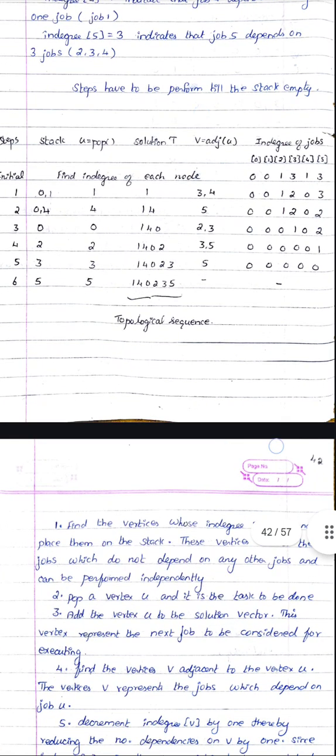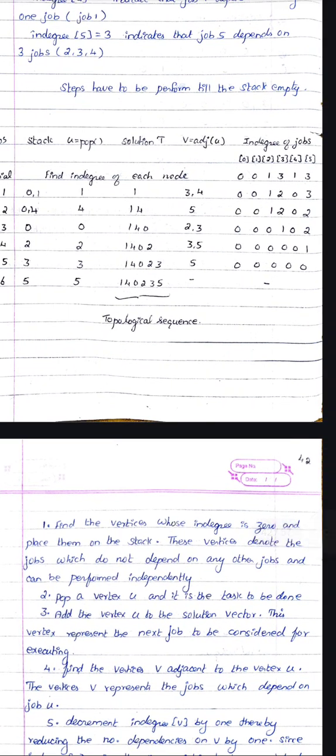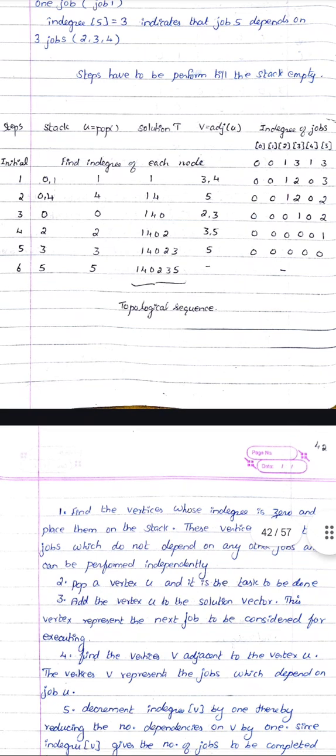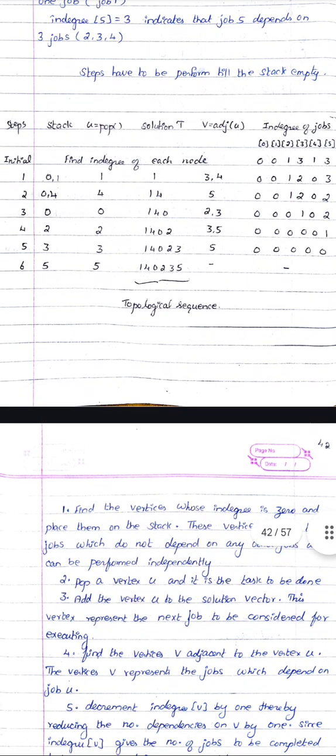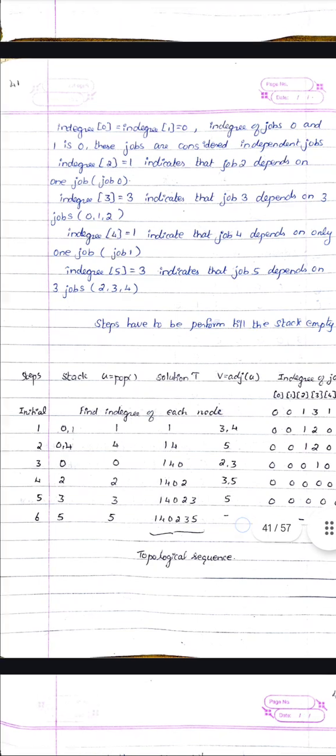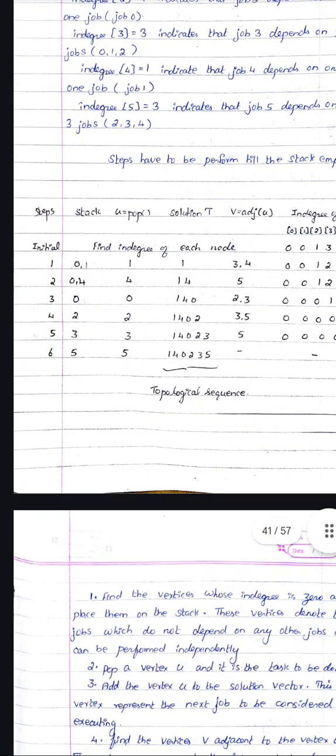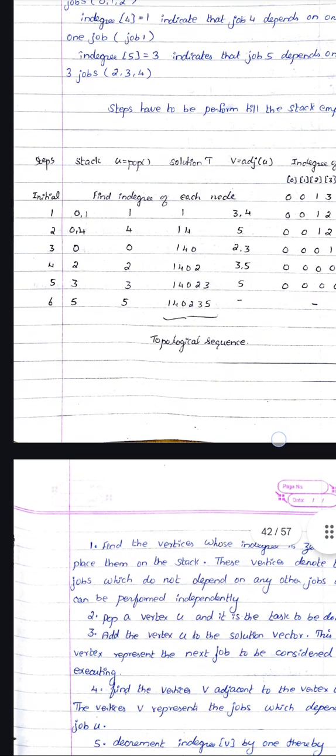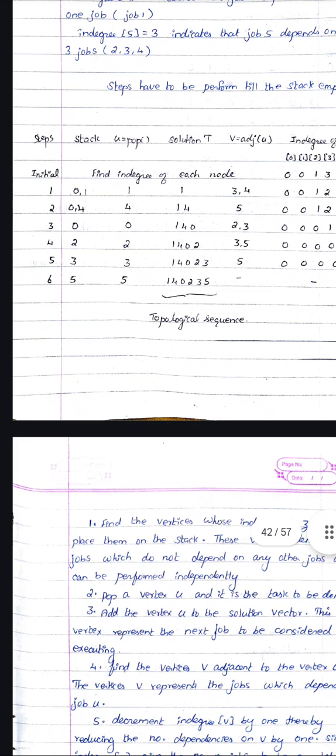Job assignment problem. We have 0 and 1 as the in degree 0 vertices in the stack. Then you will pop 1. Solution T will be just the popped element, 1.